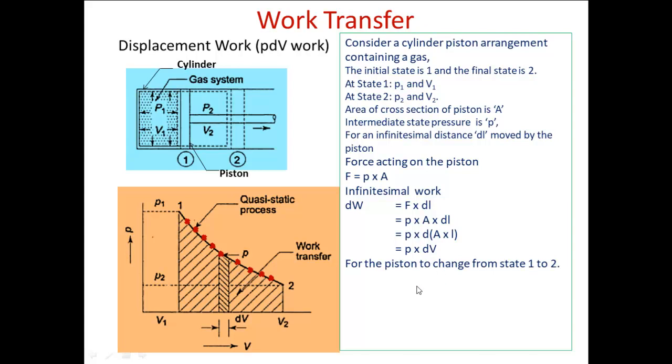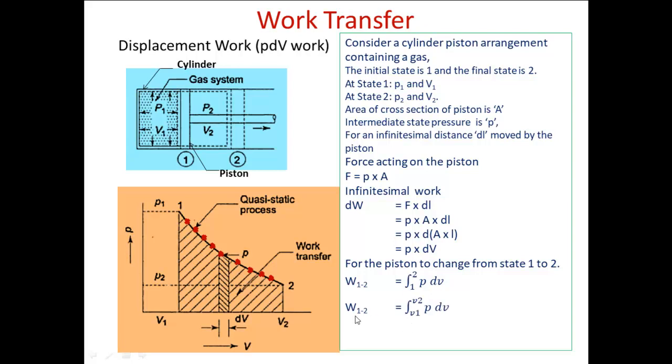If you want to calculate the total work done during the change of state from state 1 to state 2, then we have to integrate this. So it is the integral from state 1 to 2 of P dV. At state 1 the volume is V1, at state 2 the volume is V2.